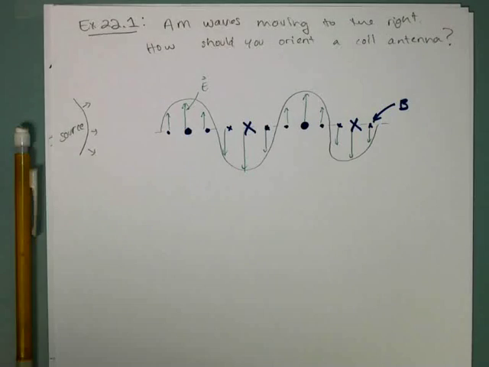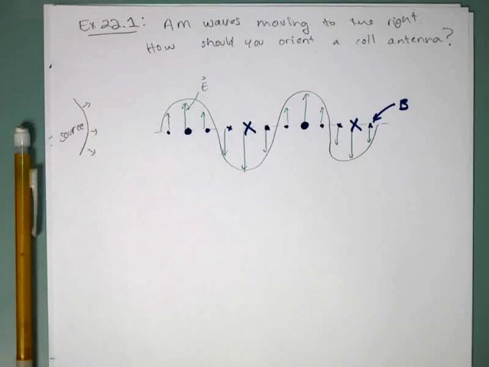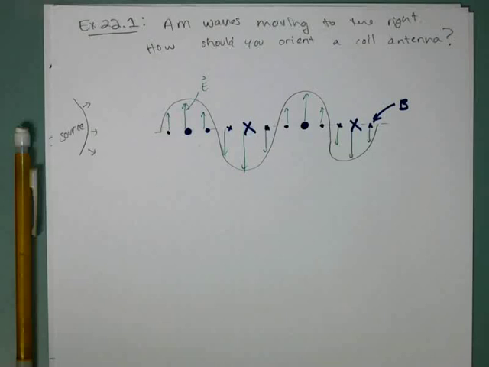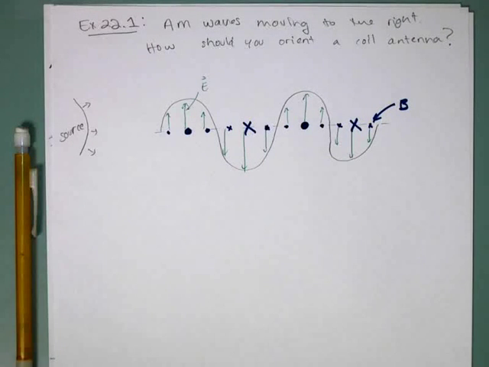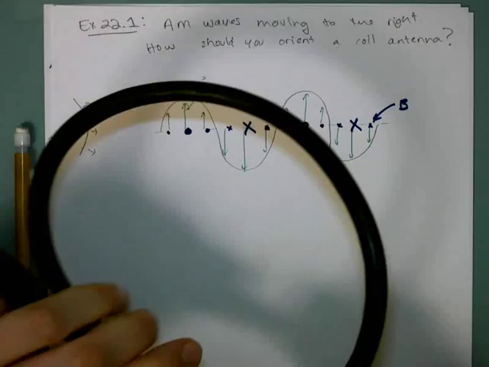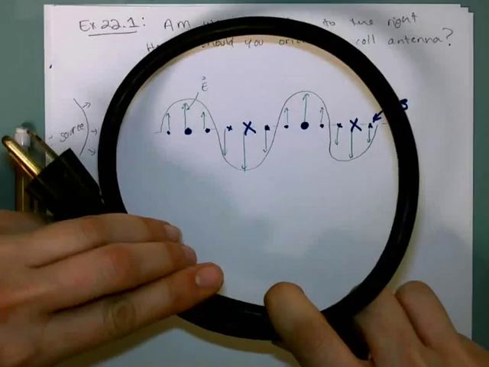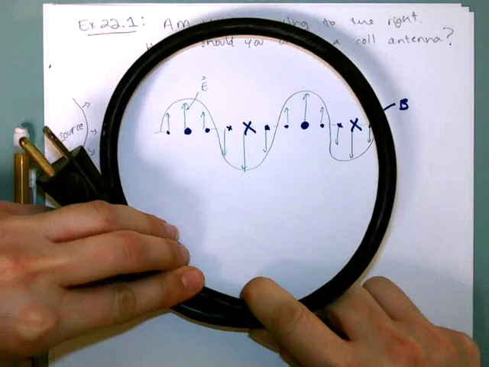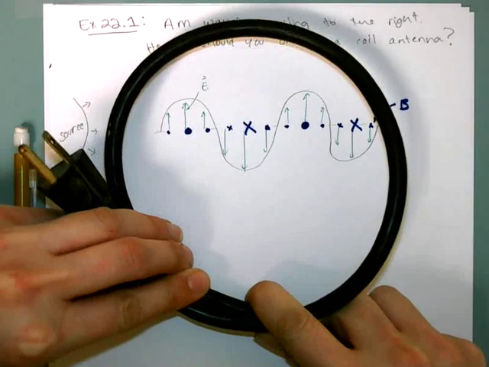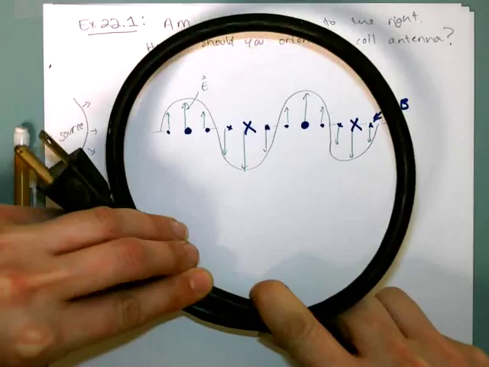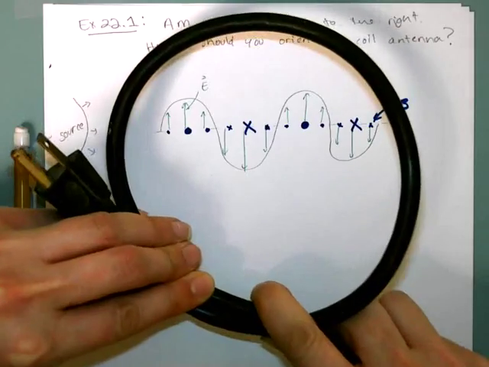Where do you want to take a loop and put it here? So how should it be oriented? I'll give you a minute to think about that. I'll use a very, very high-tech loop here.